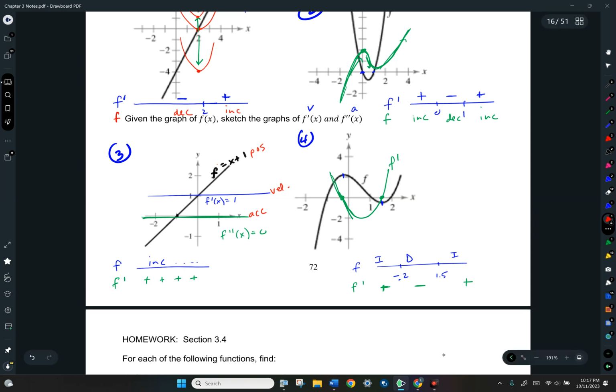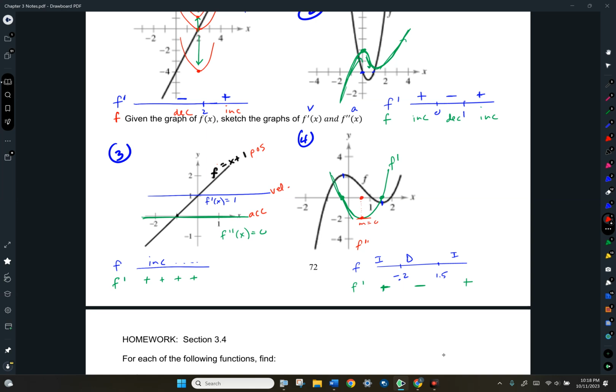So how do I know where the line for my second derivative crosses over? Well, look here. The first derivative equals 0 right here, right? That's where the first derivative has a horizontal tangent line, right? Doesn't that mean that its slope is 0? And isn't its slope the second derivative? So the second derivative must be 0 right here.